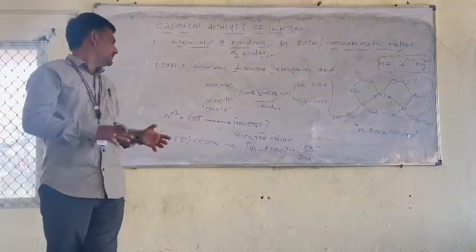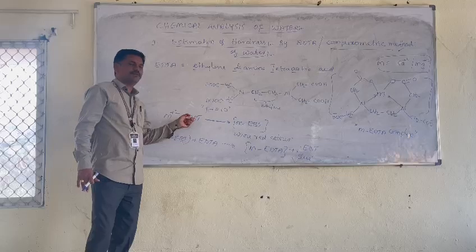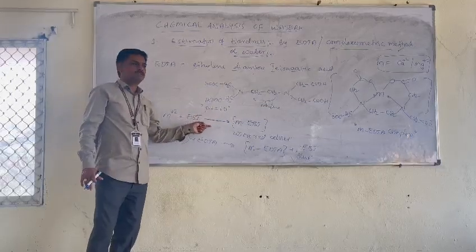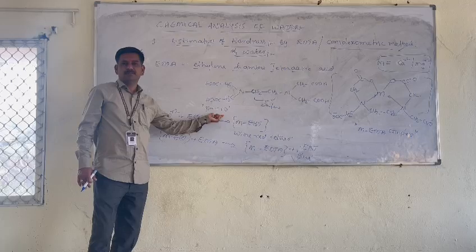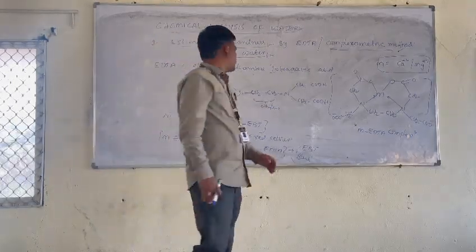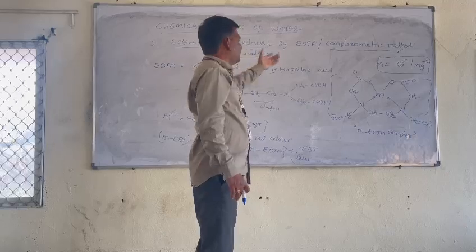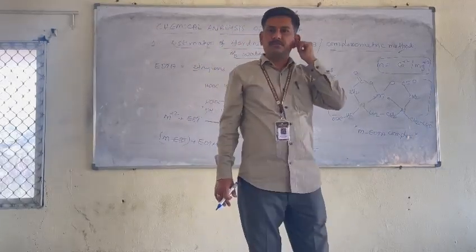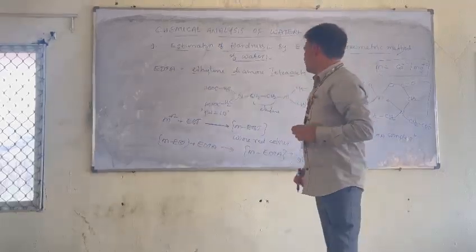For this purpose we use the EBT indicator, and it works efficiently at pH 10, right? In this way we estimate the hardness of water by the EDTA complexometric method, right?